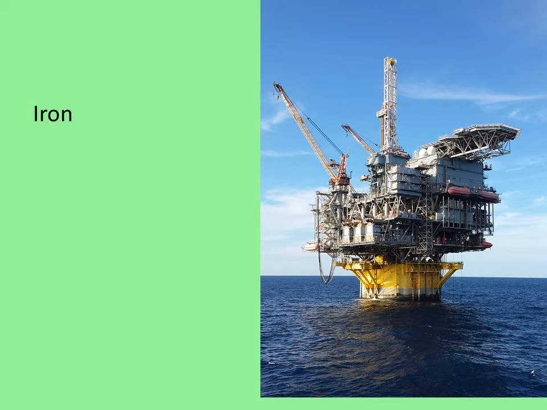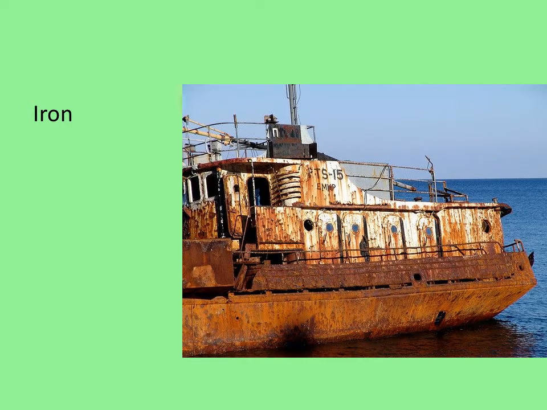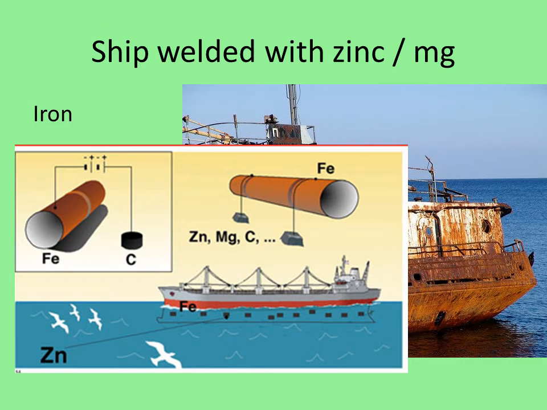So iron is used to make oil rigs, and iron is used to make ships as well. But the problem of iron, as we know, it will rust easily. Okay, so what to do is we weld the ship with zinc and magnesium or other things maybe.